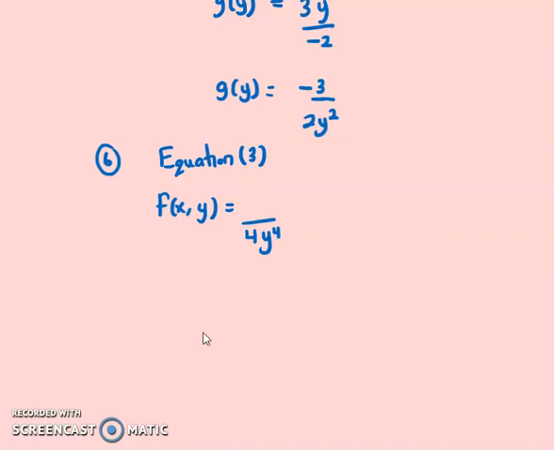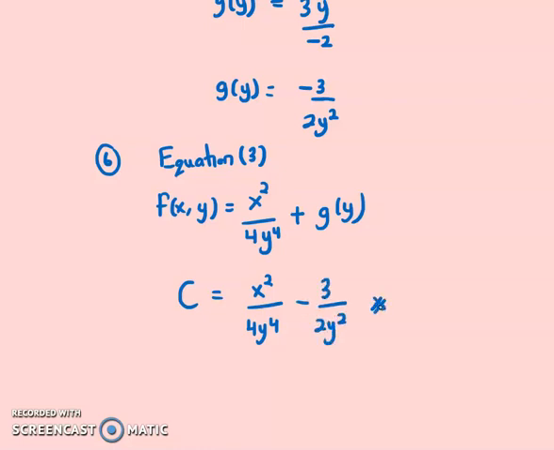So we have x^2 over 4y^4 plus g(y). So this is c equals x^2 over 4y^4 minus 3 over 2y^2. Therefore, this is the answer.